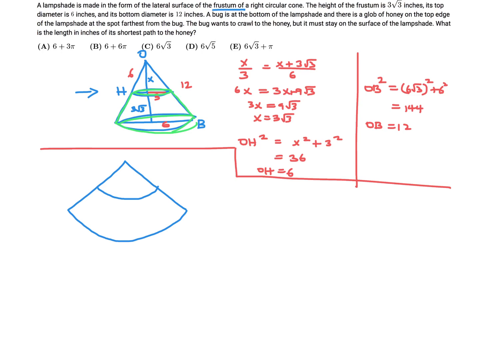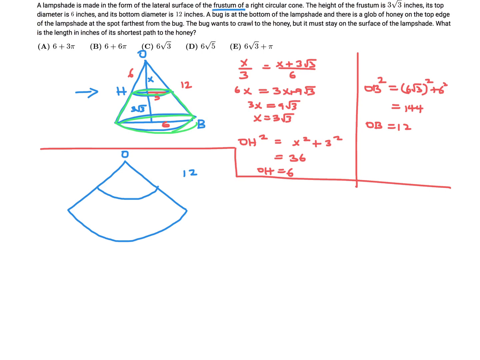Okay, so again, we're going to have the O, and then these sides are 12, right? Let me make sure I do that correctly. I think so. And then the angle.